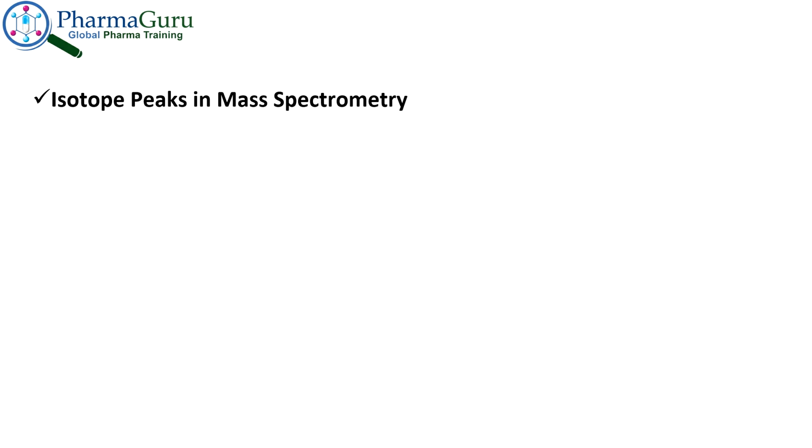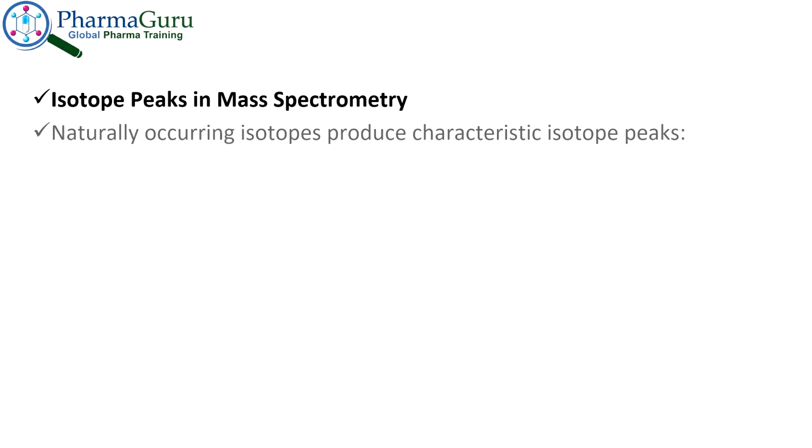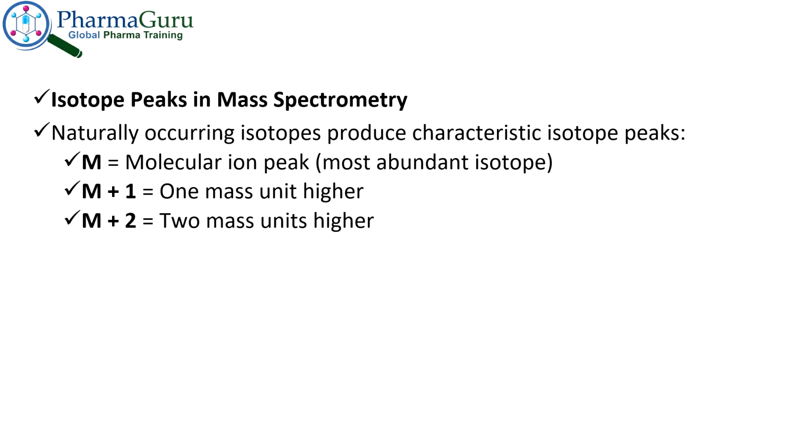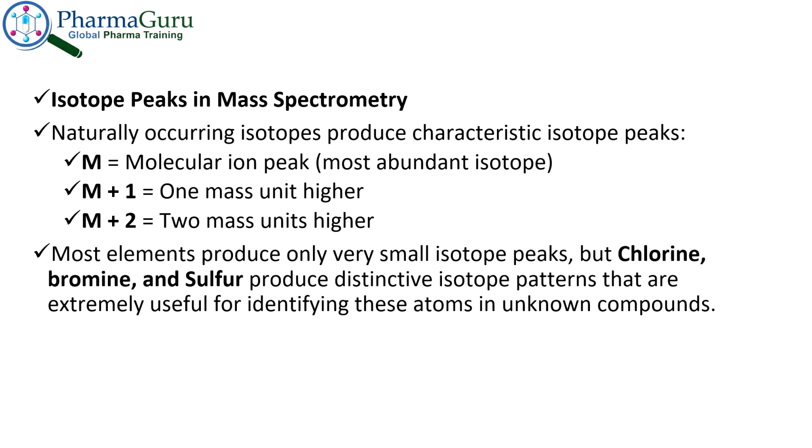Isotope peaks in mass spectrometry. Naturally occurring isotopes produce characteristic isotope peaks: M, the molecular ion peak, M plus 1, one mass unit higher, and M plus 2, two mass units higher.